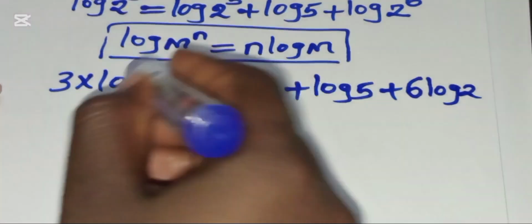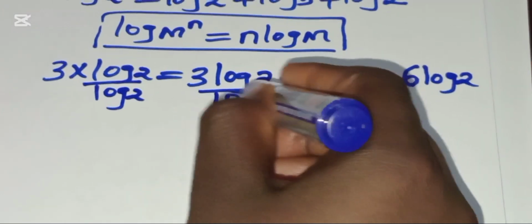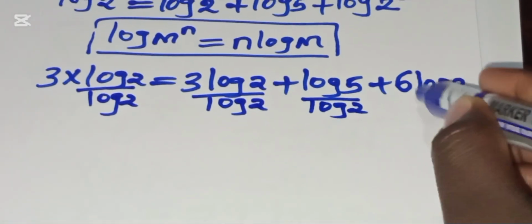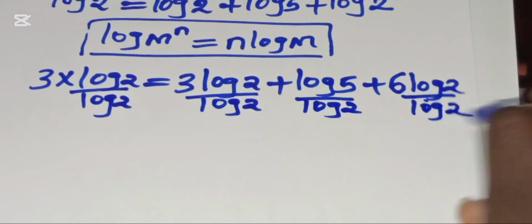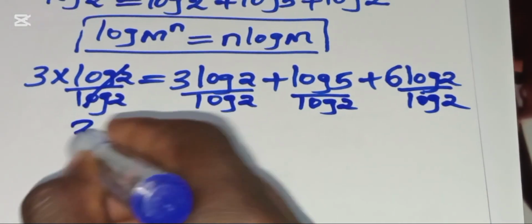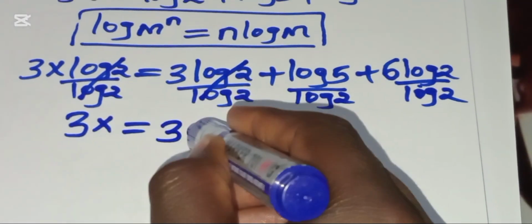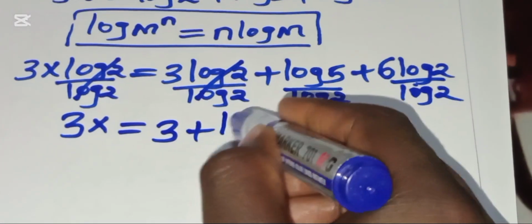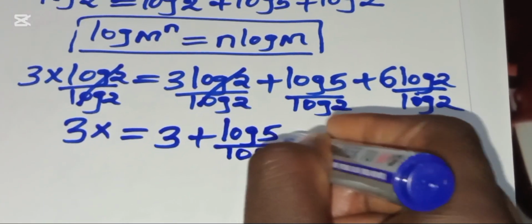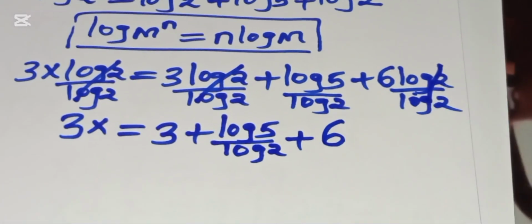We divide both sides by log 2. Simplifying, we have 3x equal to 3 plus log 5 divided by log 2 plus 6.